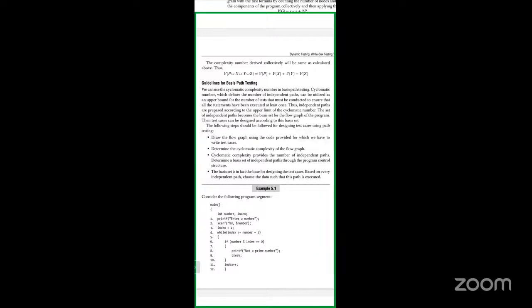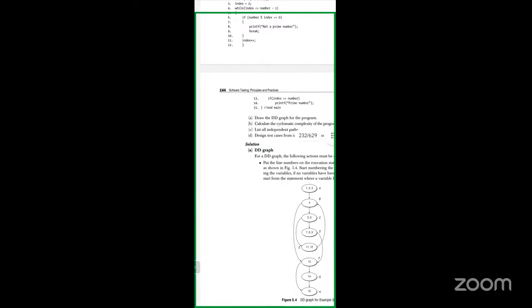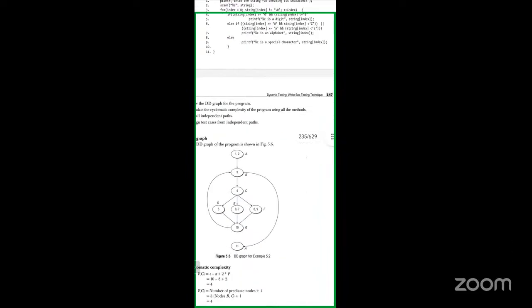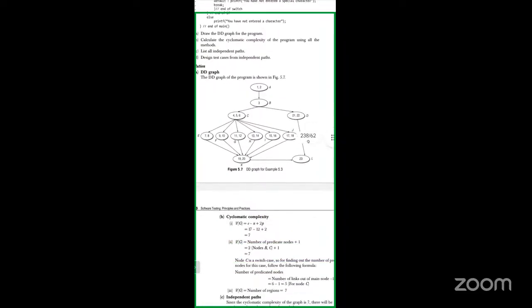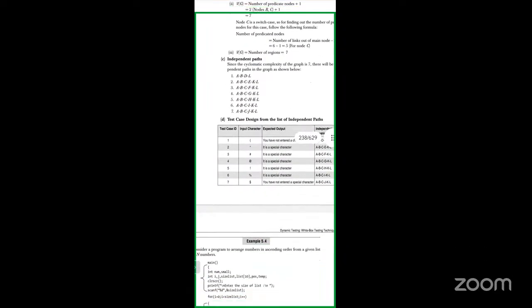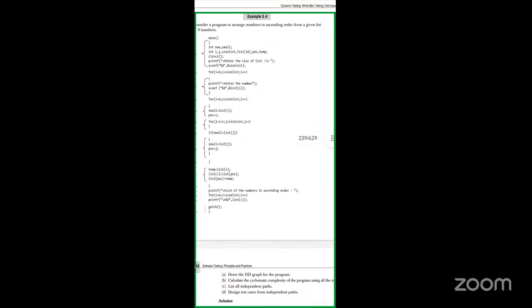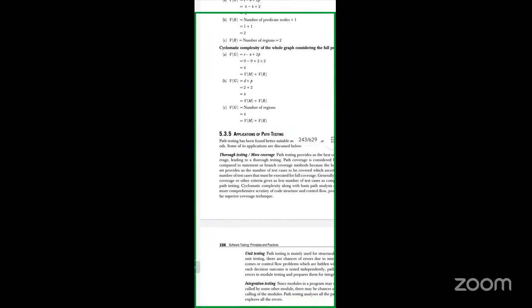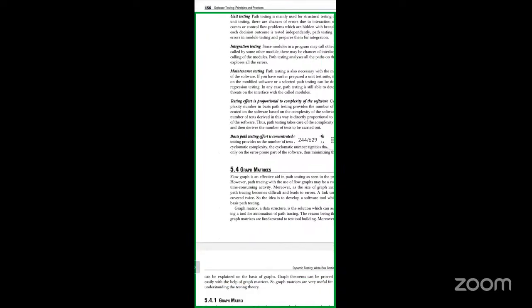If they are not there, some problems are given, so we can go for the problems in white box testing as well. There you can go for the drawings, the diagrammatic part, and give the solution in white box testing.